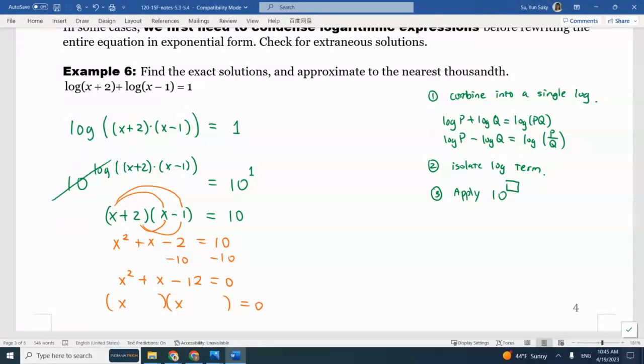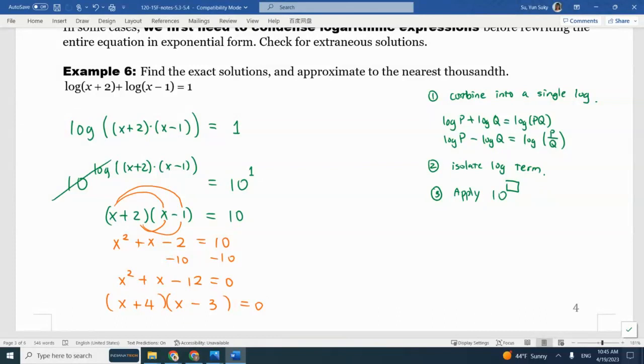Minus 12. What are the factors of minus 12? 6 and 2, the difference is 4. It will give us 1, right? So 4 and 3. Which one is negative? The 3 is negative. Yes. So we have x plus 4 and x minus 3. Is that okay, everybody? Okay, awesome.